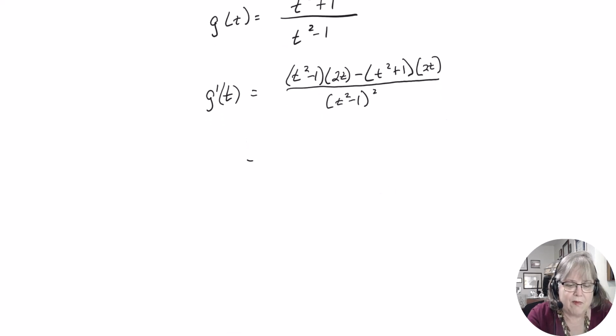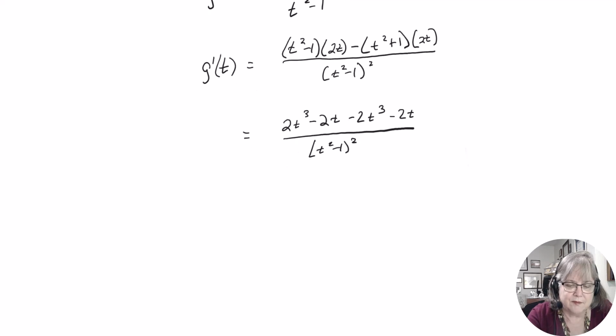When you multiply this out across the top, you would have 2t cubed minus 2t minus 2t cubed minus 2t, all over t squared minus 1 squared. So these go to 0. You have minus 4t over t squared minus 1 squared.